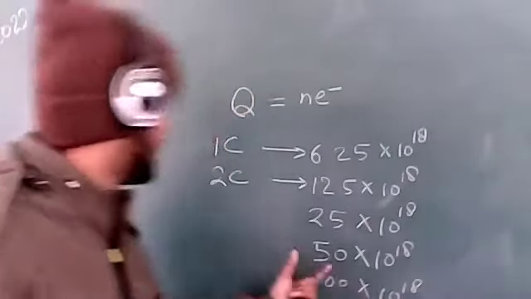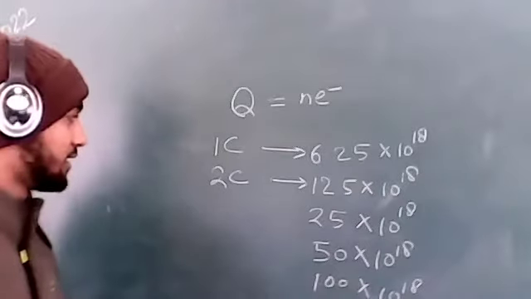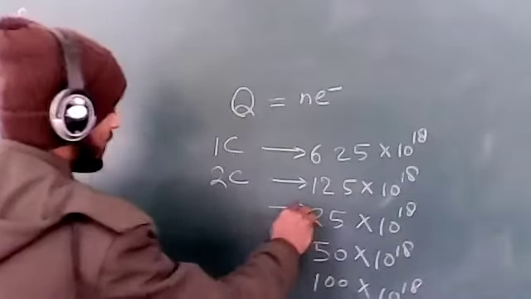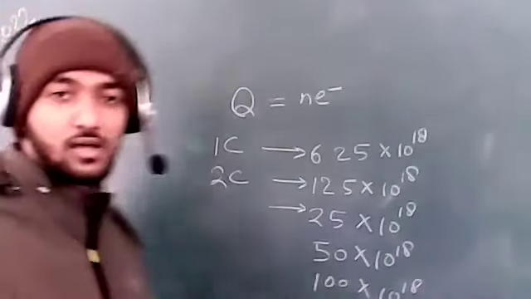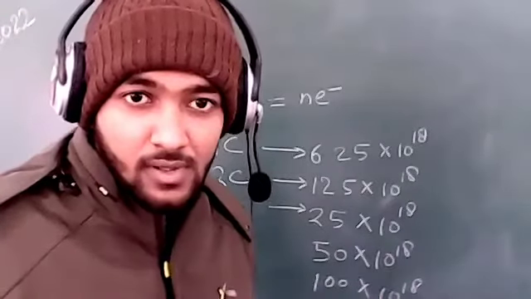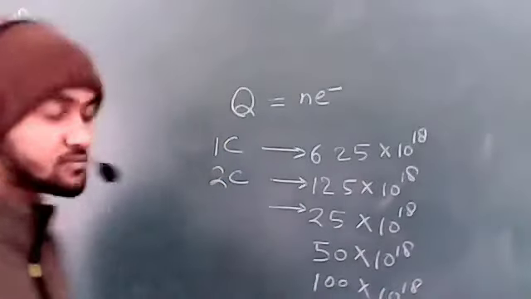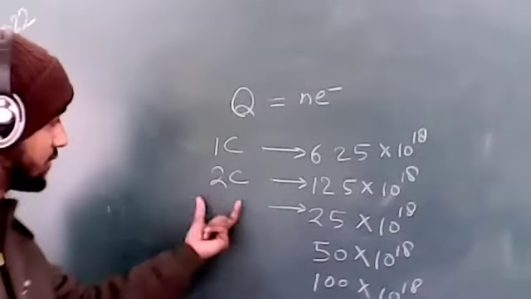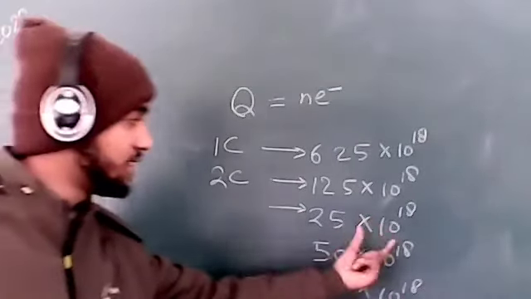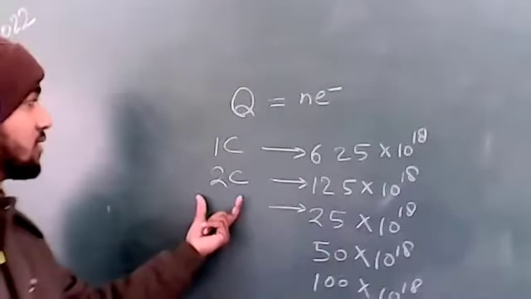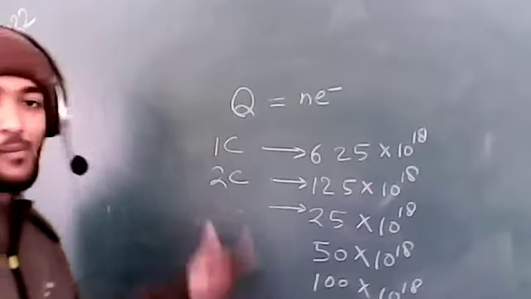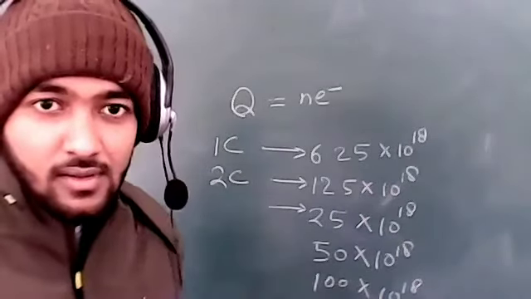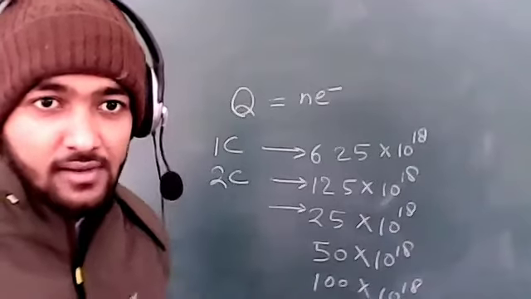Now, 25 into 10 raised to the power 18. How much charge? 3 coulomb? Okay, Mukund Singh, answer for this third one, 25 into 10 raised to the power 18. Sir, 3 coulomb. Okay. Abhigyan.